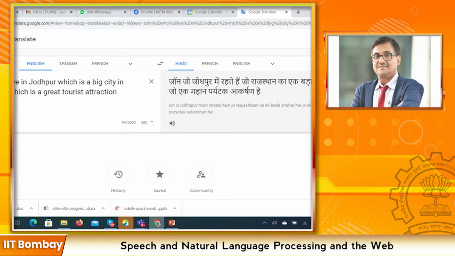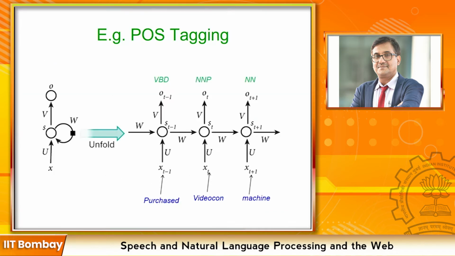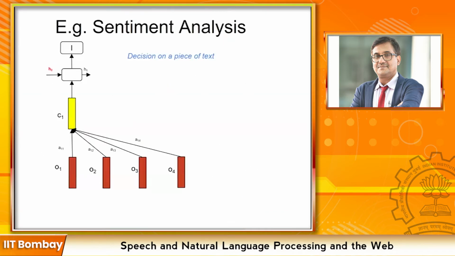But if we could do it in slow motion, maybe one fifth the speed, then we will observe latency also. We come to another high latency situation where the decision has to come out at the end of the input.